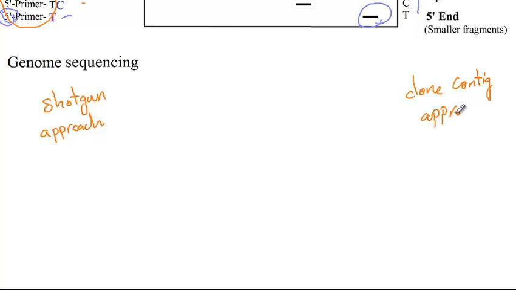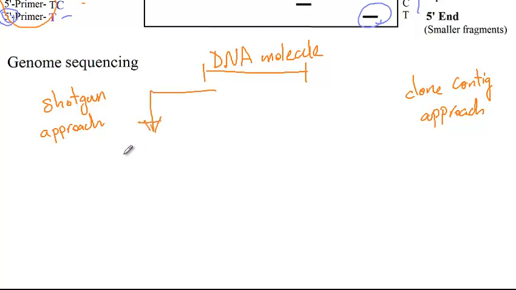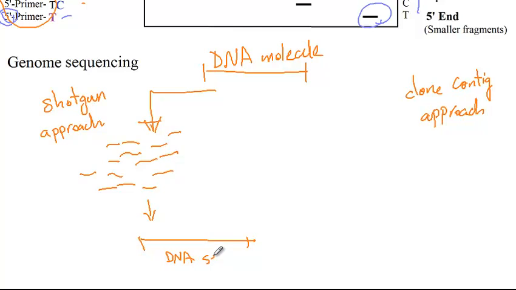For both of these techniques, we isolate the DNA molecule, and then for the shotgun approach, we digest it into many different small fragments, sequence these fragments, and then use a computer to build up the sequence. Right, so now we know the DNA sequence using the shotgun approach.